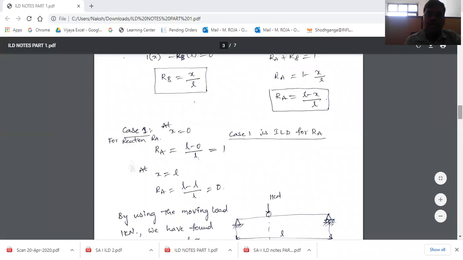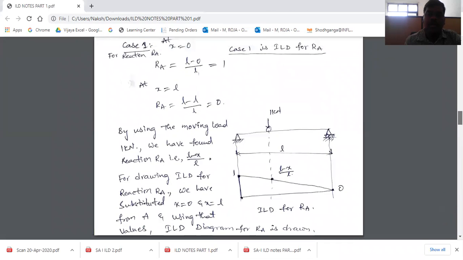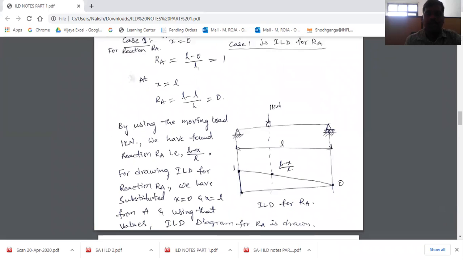Now if we draw a diagram like this by using the moving load of 1 kilonewton, we have found the reaction RA, that is (L minus x) by L.